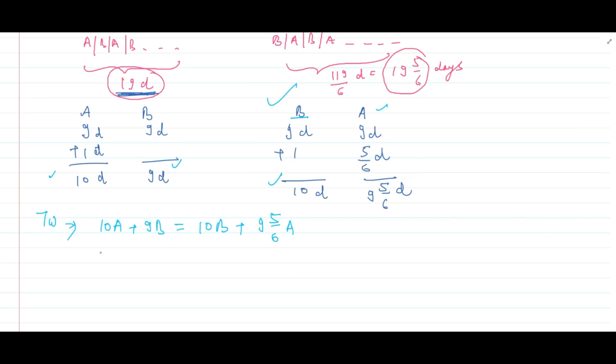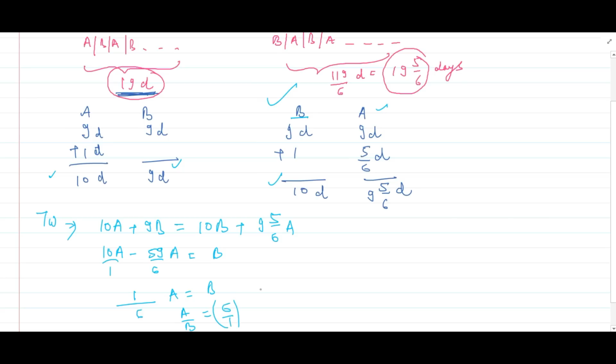Now if we simplify this, 10A minus 5 by 6 A can be written as 59 by 6 A, and we know 10B minus 9B is B. Now if we take the LCM, 60 minus 59, it will be 1 A. So A by B will be 6 by 1.